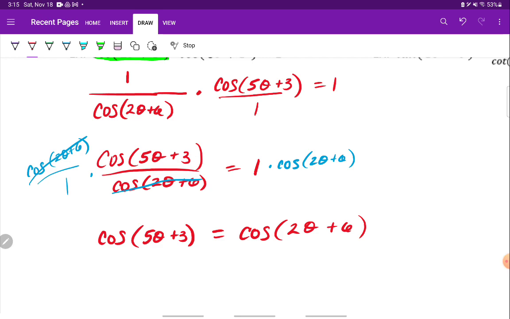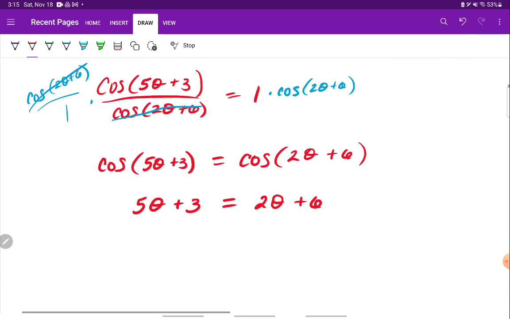We now have 1 cosine equal to 1 cosine. When this happens, we can just set the two arguments equal to each other. This is very similar to the one-to-one property when solving log equations. And now we'll just solve this linear equation for theta.